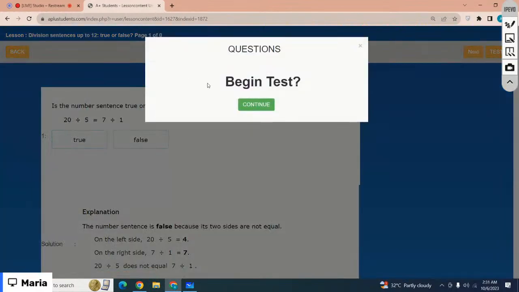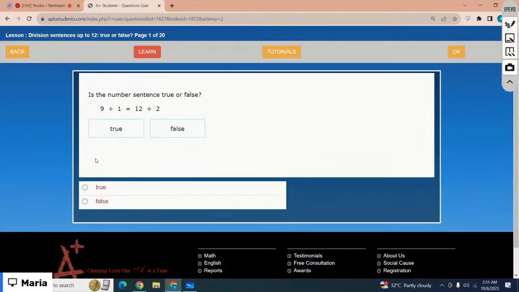So here you have to again see if both sides are equal. That means the sentence is true. Is the sentence true? 9 divided by 1 equals 12 divided by 2, are they equal?